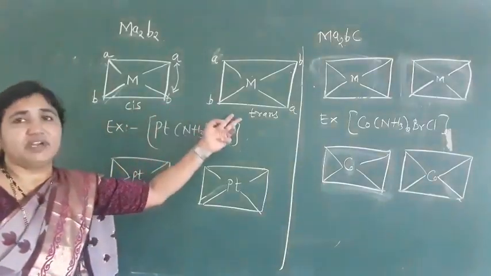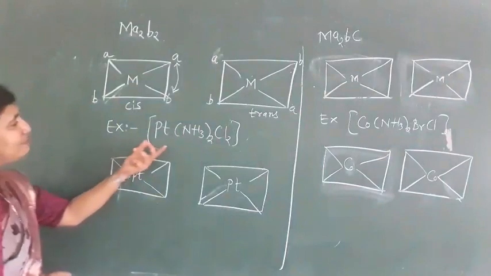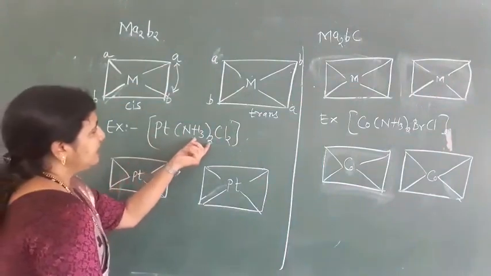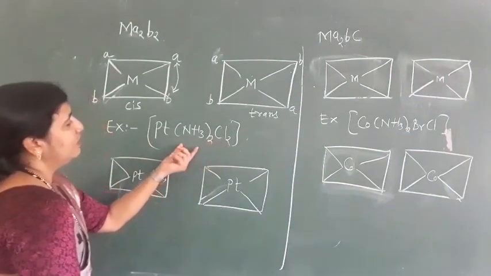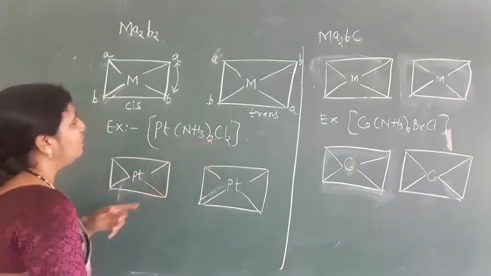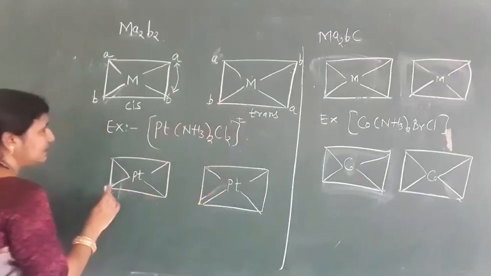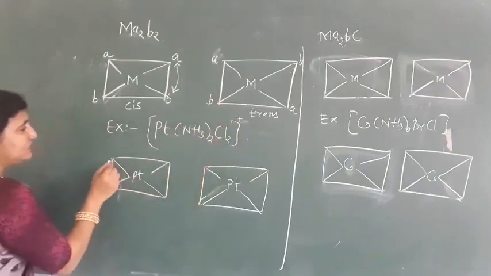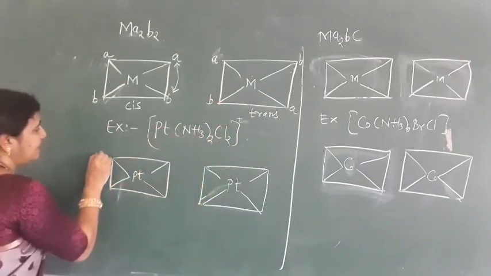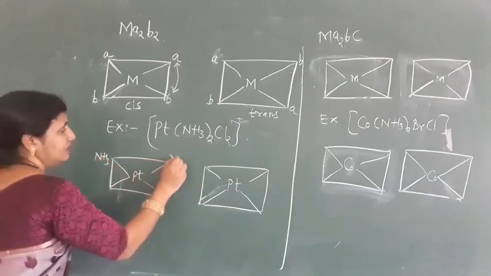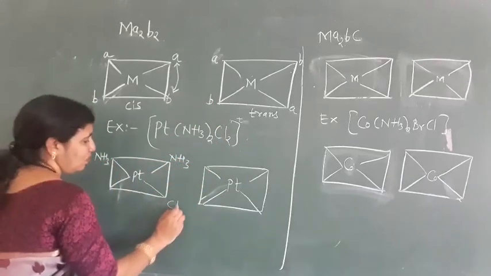One is this, one is what here? Trans here. See the example here: platinum, NH3 taken twice, Cl2. Diamminedichloridoplatinum it is. So write down the 2 ammonia here and the 2 chlorine here.